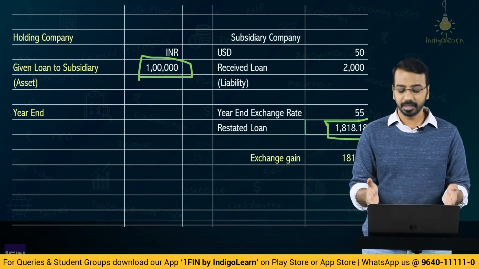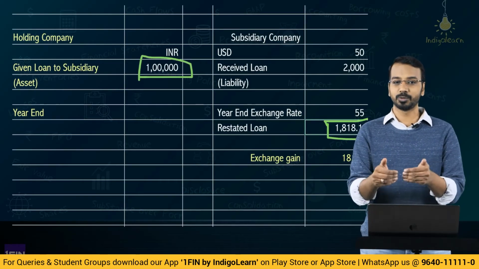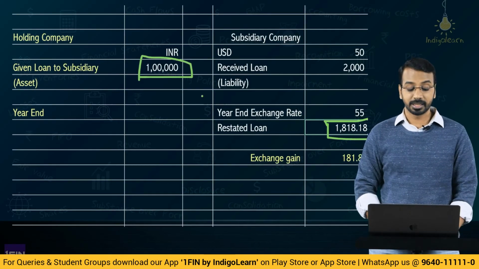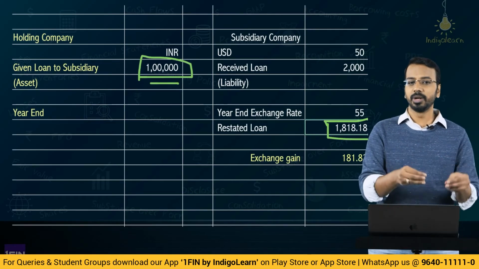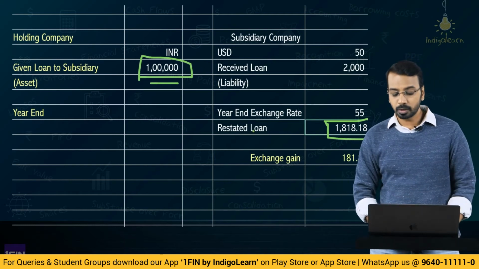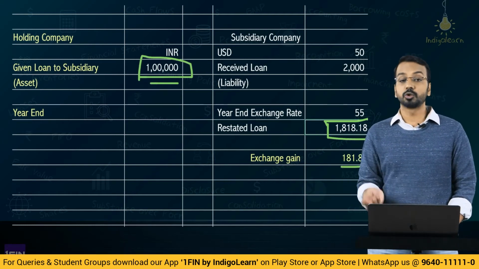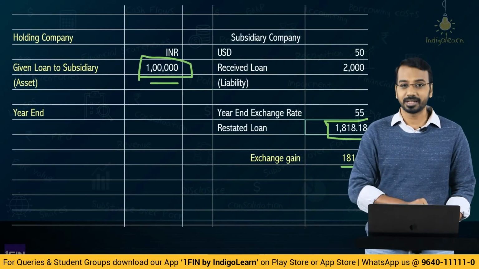So, at the year end, this closing balance of loan payable in the subsidiary company's book will be offset against this 1 lakh in the holding company book. So, in the consolidated financial statement, you will not have something called loan. But now tell me one thing, what do we do with this exchange gain? Should this exchange gain be taken to the P&L of the consolidated financial statements?